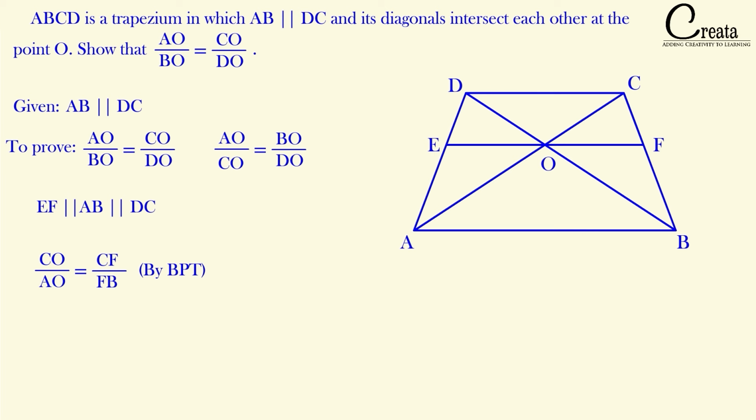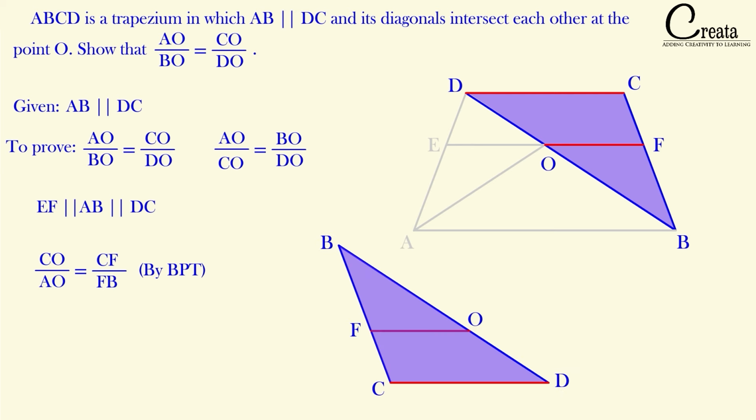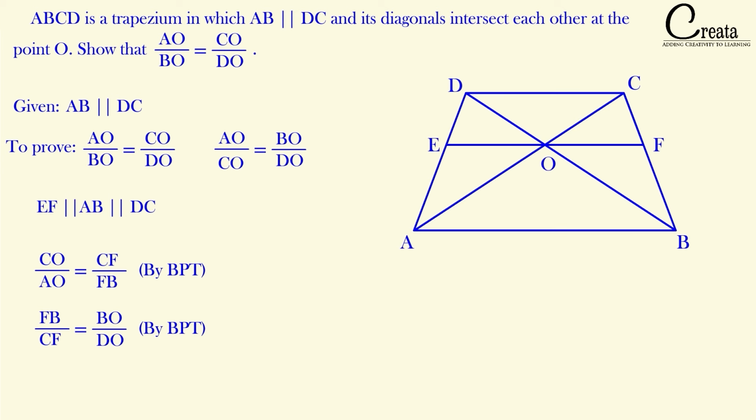Similarly, let's apply the BPT in the triangle BDC, the second triangle. Here also OF and CD are parallel to each other. We can rotate this triangle for simplicity if you are not able to visually apply the BPT. So we got FB upon CF is equal to BO upon OD. Now we can compare both the equations because the side CB is common in both the BPT equations.